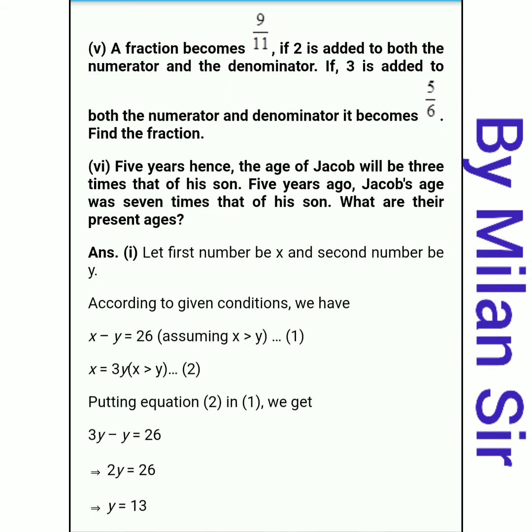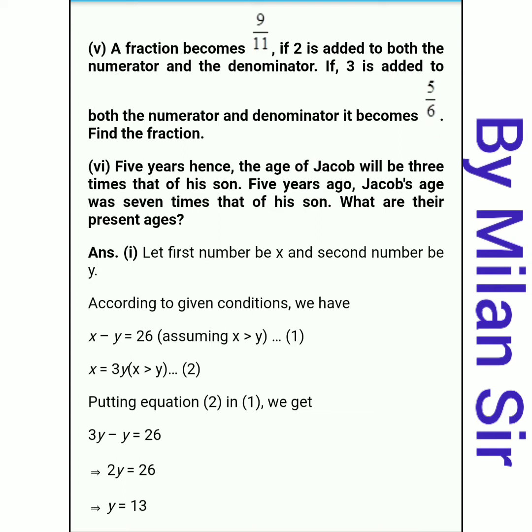A fraction becomes 9 upon 11 if 2 is added to both the numerator and denominator. If 3 is added to both the numerator and denominator, it becomes 5 by 6. Find the fraction. So here we need to find the fraction.